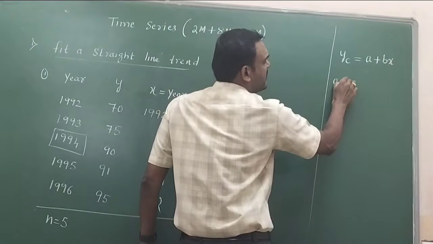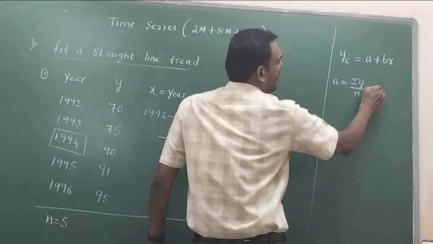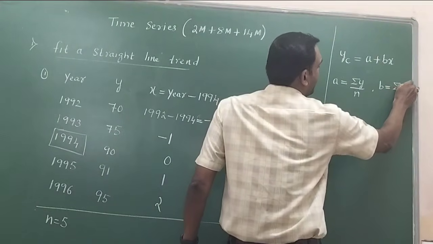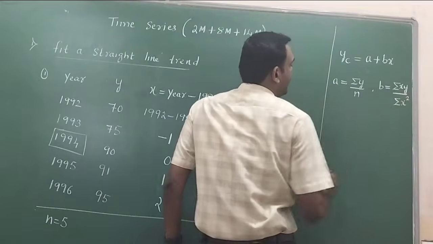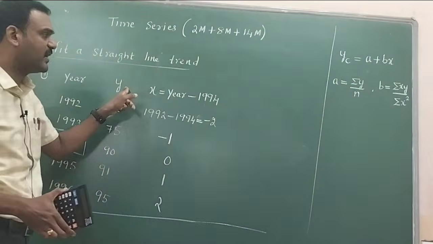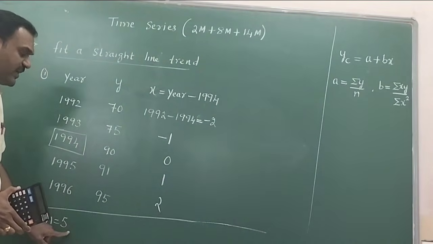A equals summation of Y divided by N, and B equals summation of XY divided by summation of X square. Here we already know Y in the second column. N we already know, the total number of years.